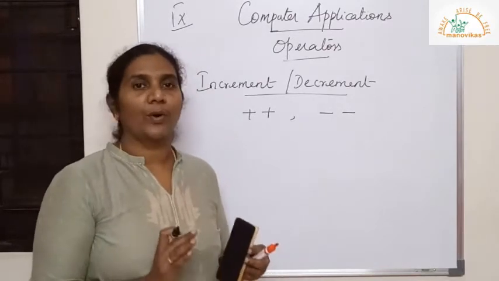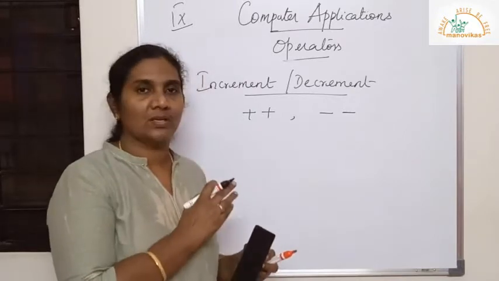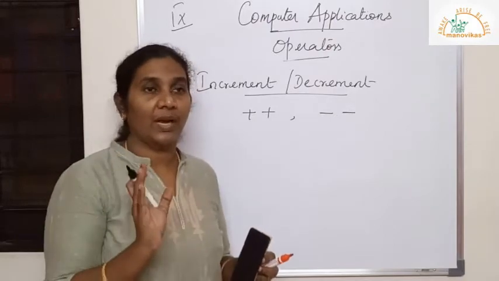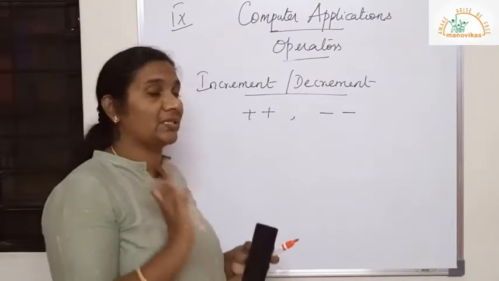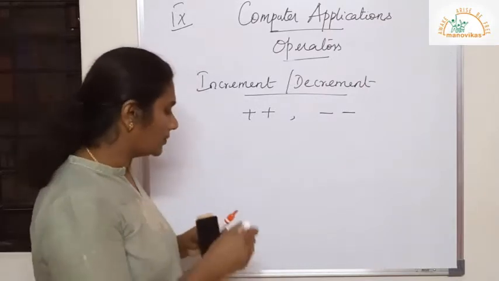And it's very important, even for the board exam, there will be a sure question based on this in Section A. Most of the time there will be at least one question you can expect from increment decrement operators.